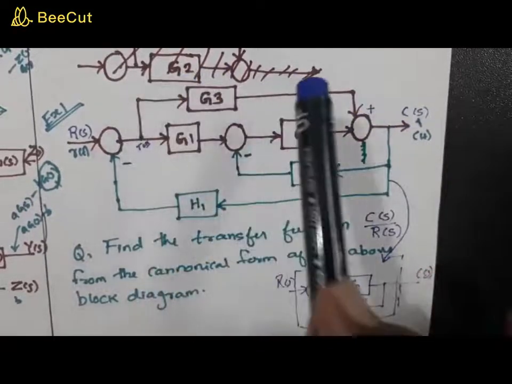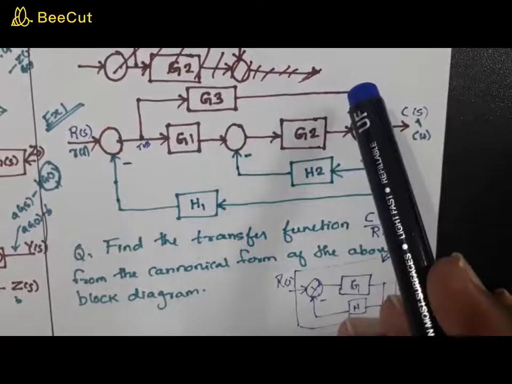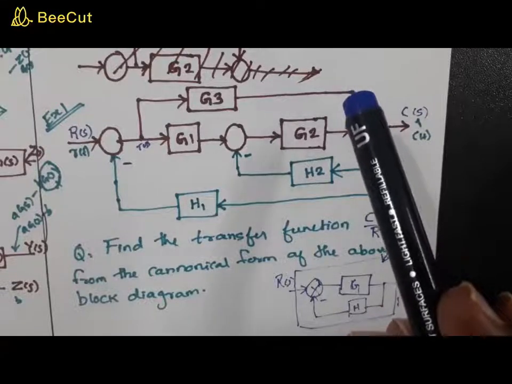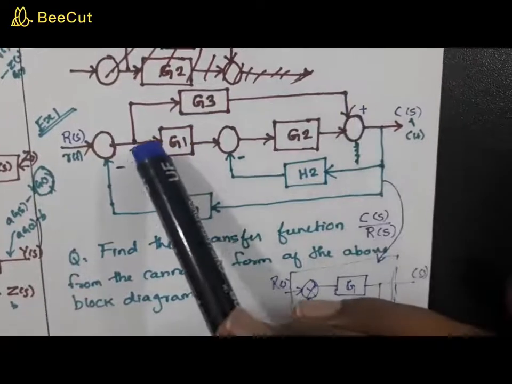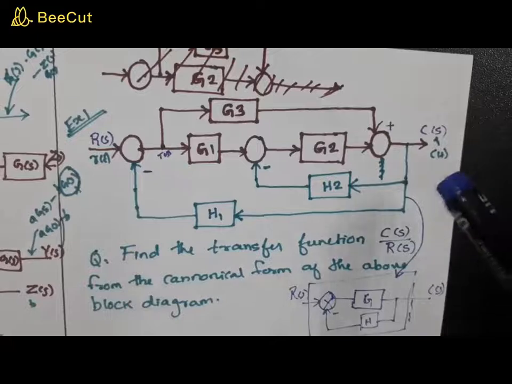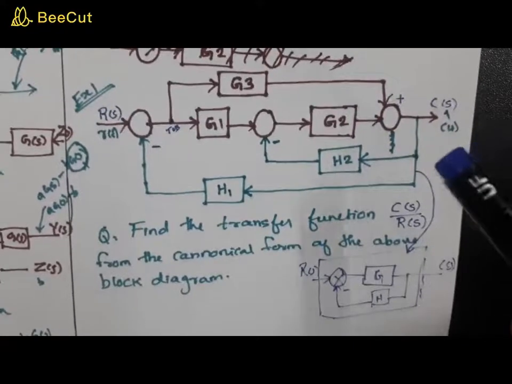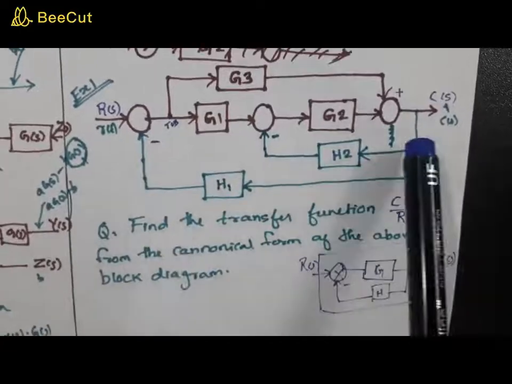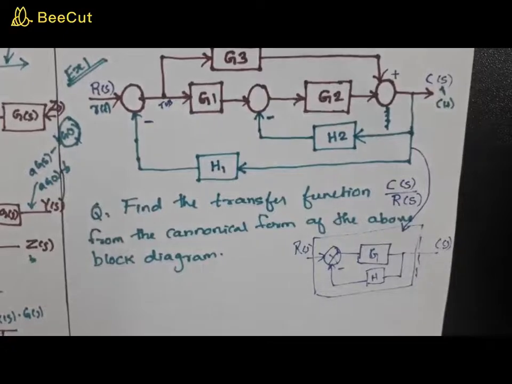That means you have two forward paths. Anyway, the forward path terminology is not frequent in the block reduction technique, while in the next modeling, the signal flow graph, it has immense importance, along with the feedback paths. We will deal with that when we deal with the SFG. So you have two forward paths and two feedback paths in the form of H1 and H2.